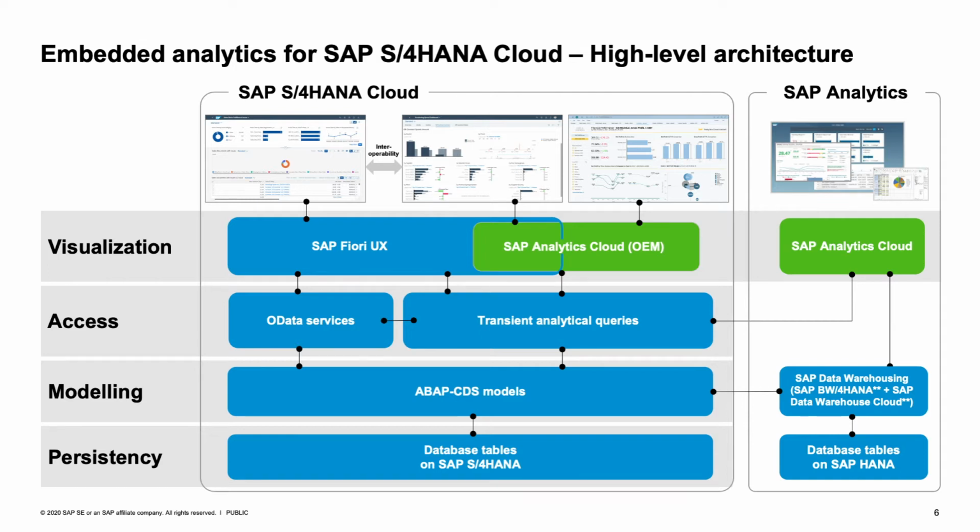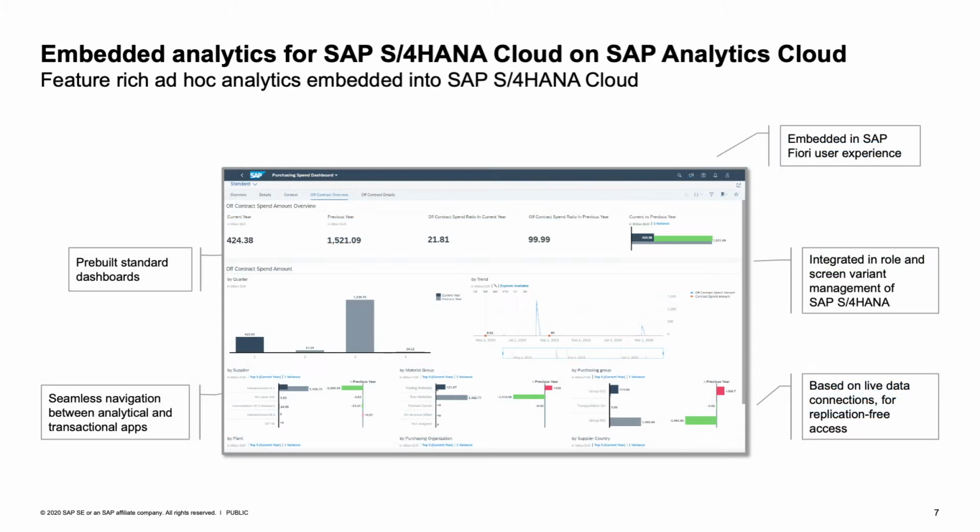Let's see what the S4HANA Cloud business user will get out of the box. All SAP S4HANA Cloud customers receive, in addition to the standard analytical offering, a new report type story powered by SAP Analytics Cloud.